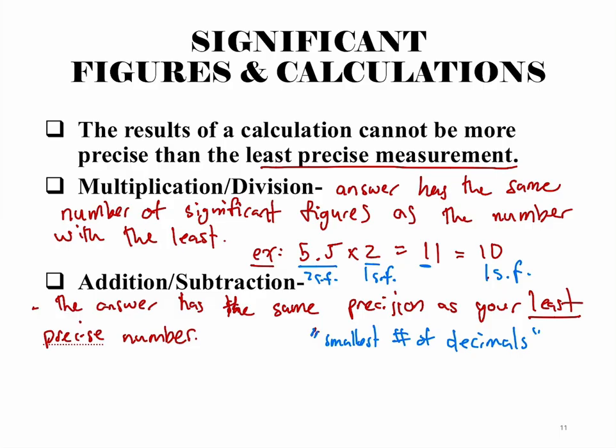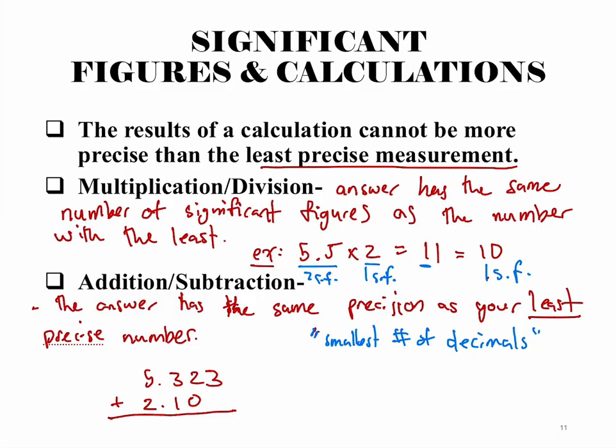So if we have 5.323 plus 2.10, this number is the more accurate number. How do we know it's more accurate? Well, because it has more decimal places, right?